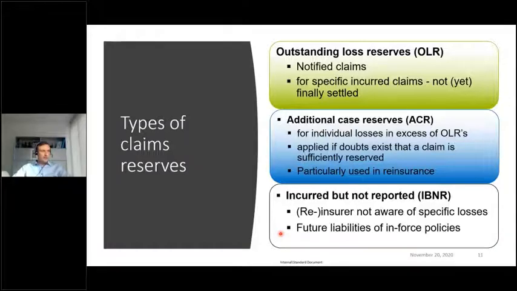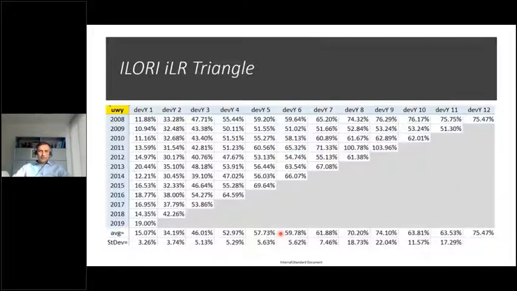because if we come to the next slide, please, we will see clearly from a triangle, and this is the view we want to take. To the left hand side, we will have on a vertical axis underwriting years 2008 to 2019. So underwriting year 2008, for example, is a reinsurance treaty or is just the financial year of a ceding company, which starts 1/1/2008 and which ends 31st of December 2008.